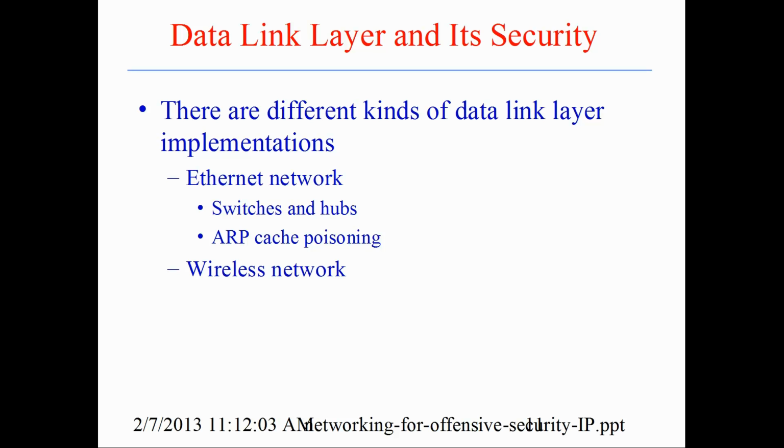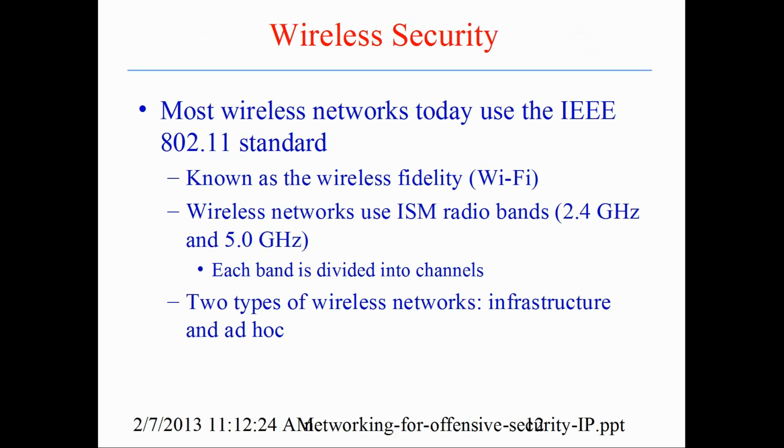ARP protocol exists here, and this is where ARP cache poisoning attacks to pull off man-in-the-middle attacks occur. And for wireless networks, after the association, there are different types of protocols, but it's effectively the same for most users. It's pretty transparent.